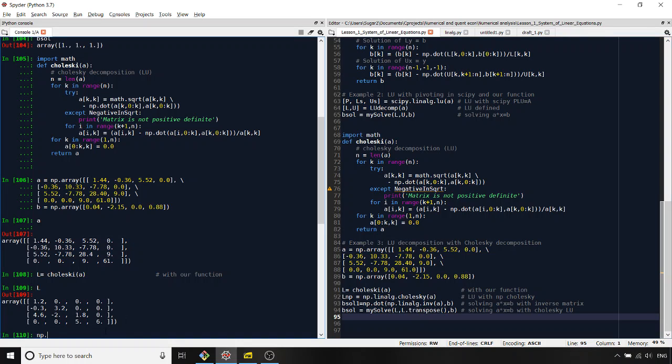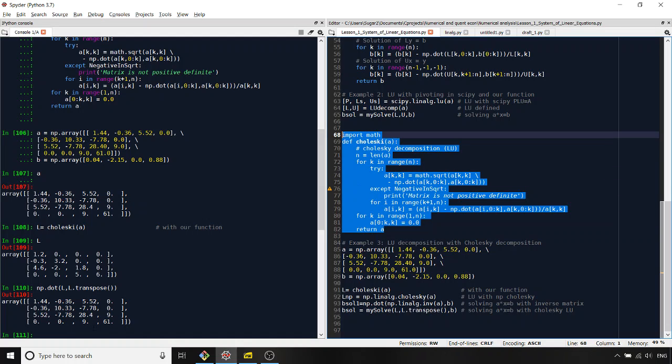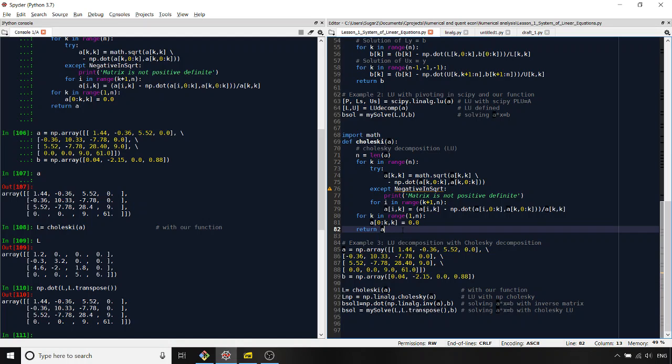multiply it by its transpose, do we get our A back or not? Transpose. So here we get our A back. So this calculation seems to be correct. Actually, this is making zeros on the rows up to the column number of them.